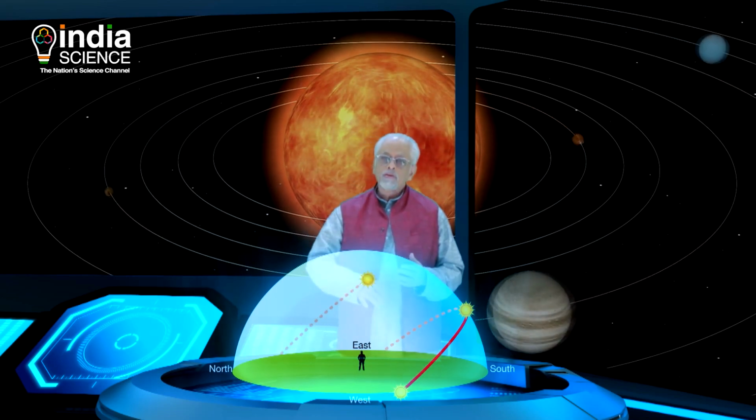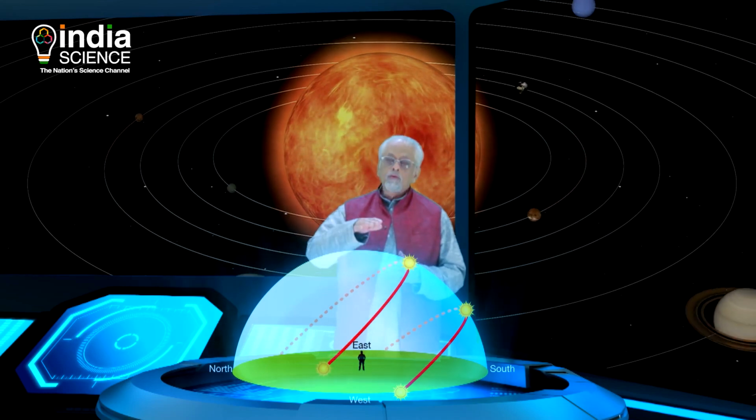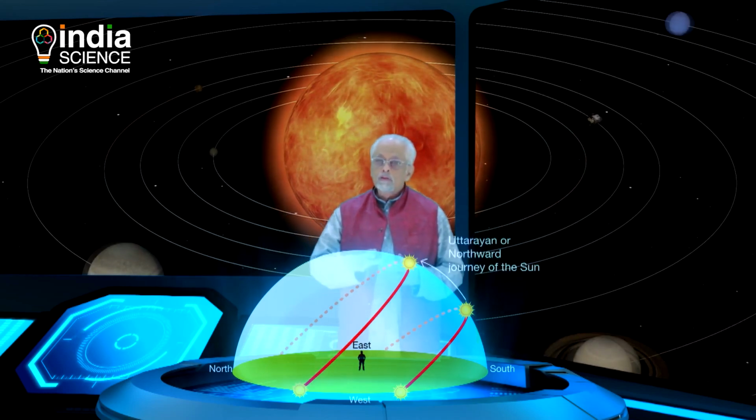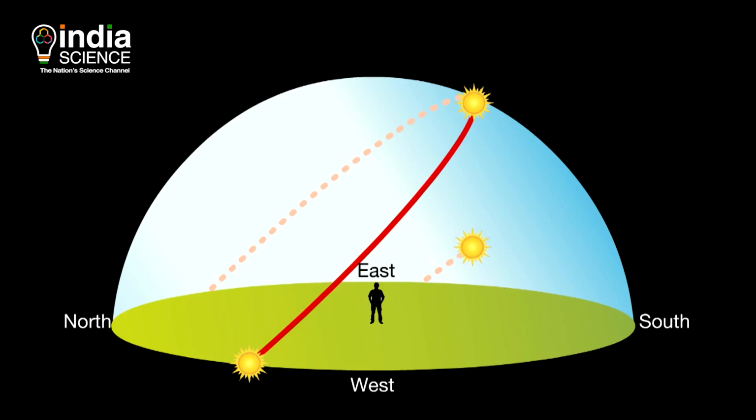To observers on Earth, this appears as an annual north-south movement of the sun. The northward movement is called uttarayana and the southward movement dakshinayana. These journeys keep recurring with great regularity.